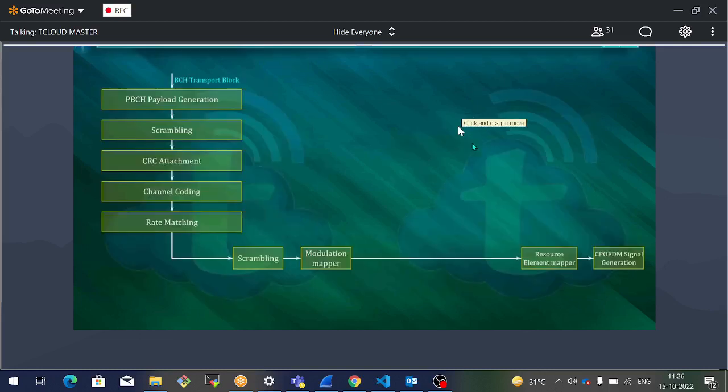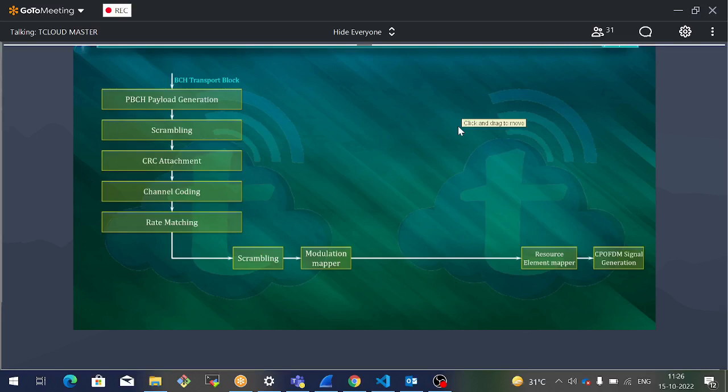But PBCH data comes from the higher layer. Now the three channels we have studied are control channels of the physical layer. Their data gets originated at the physical layer itself. It won't be coming from the higher layers. The one that we have discussed about PSS, SSS, and PBCH DMRS, because it all depends on the configuration of the physical layer components, like NCell ID, the sector ID, group ID.